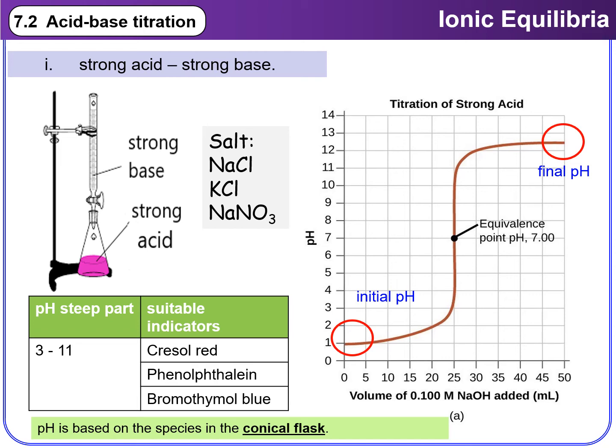And then the steep part for the titration of strong acid and strong base is between 3 to 11. The suitable indicator can be any indicator, such as cresol red, phenolphthalein, and bromothymol blue.